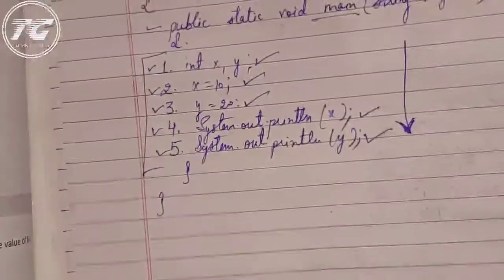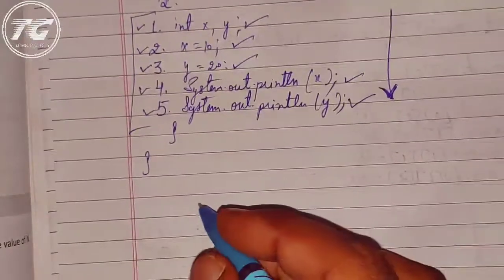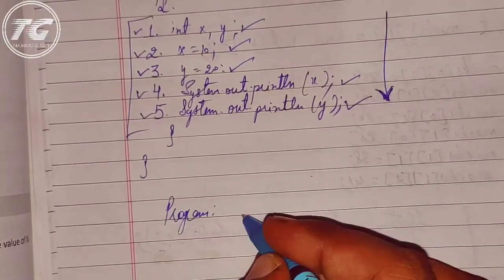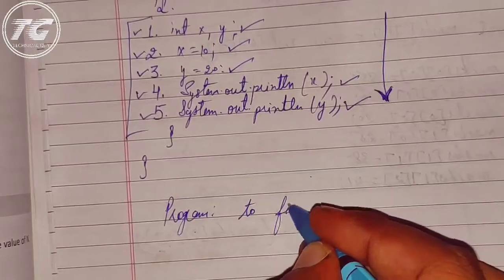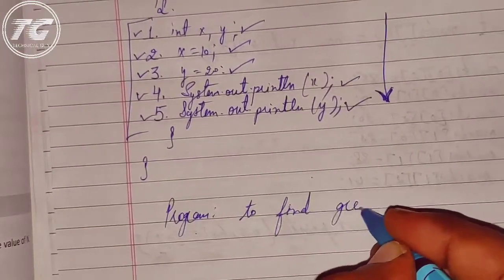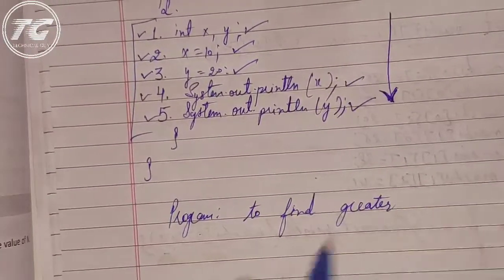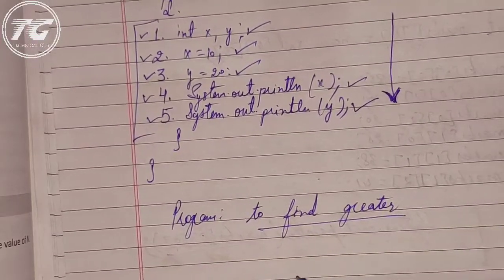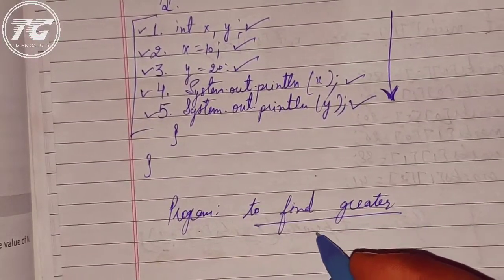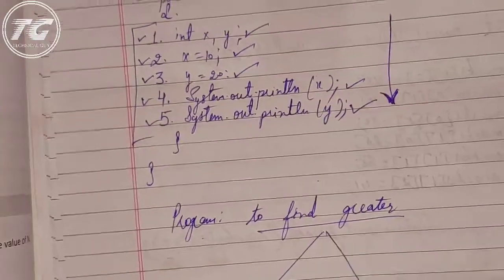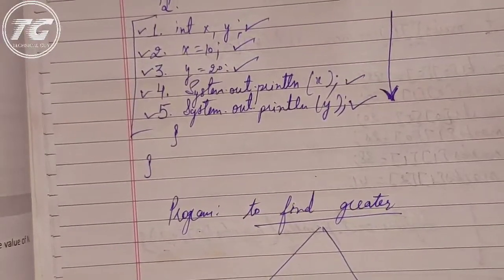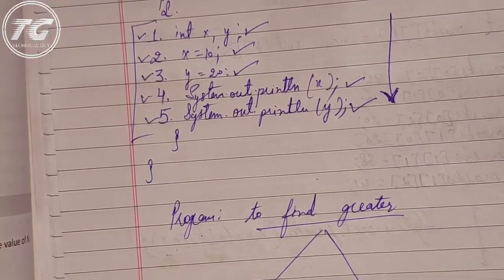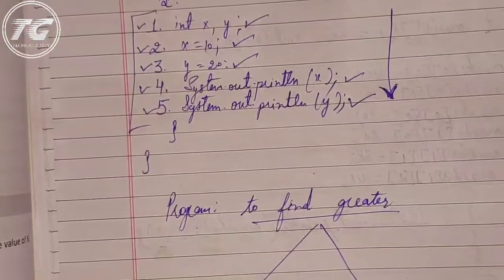Suppose you want to make a program in Java to find the greater between two numbers, and after finding the greater, it must give you one of two outputs: either it shows x is greater, or it must show y is greater.